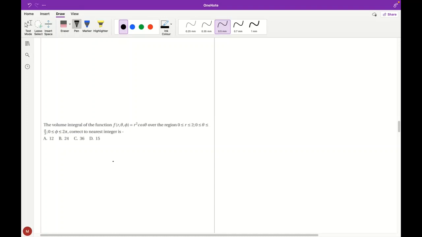So in cylindrical coordinates we know the formula that volume is given by r square sin theta dr d theta d phi.